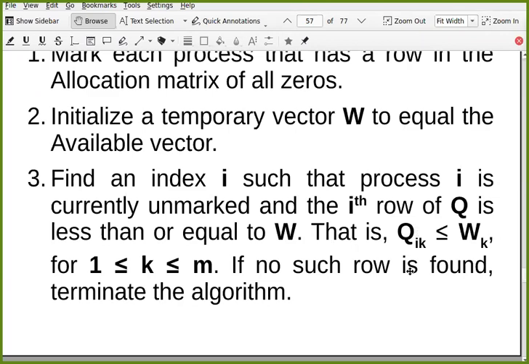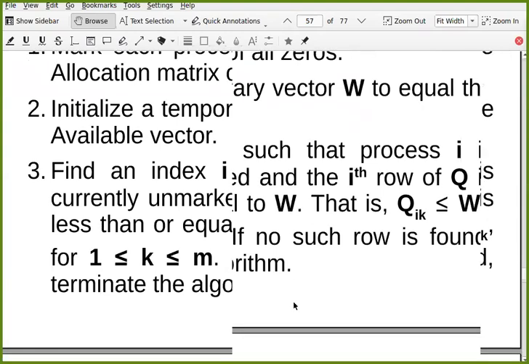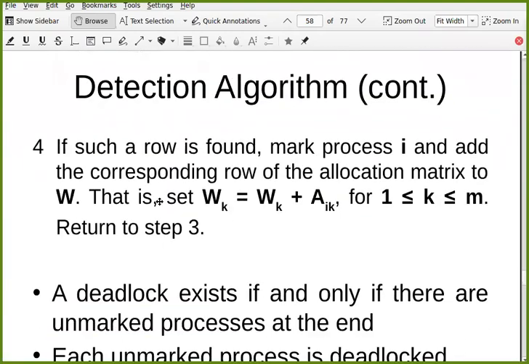So find some process I and see the ith row of Q. If that process's request can be completed with the available vector W, meaning Qik is less than or equal to Wk for k between 1 and M, where k is the index of the resource. If no such row is found, terminate the algorithm. If you can't find any process which can be completed with the available resources, just terminate the algorithm. And after termination of the algorithm, we will check.